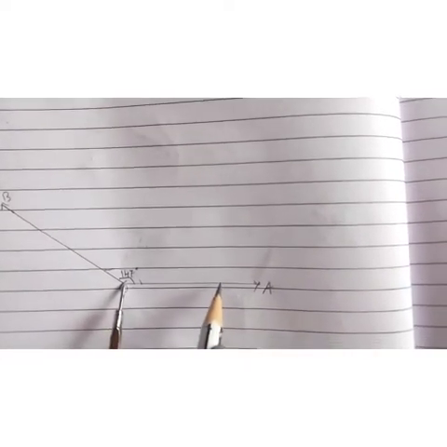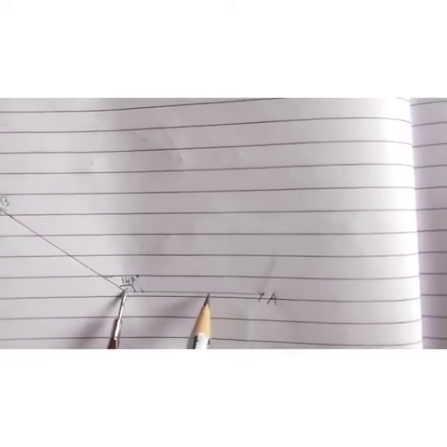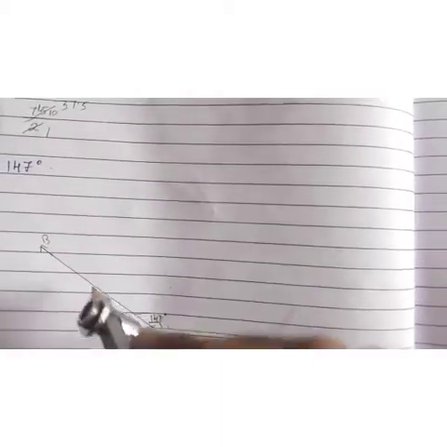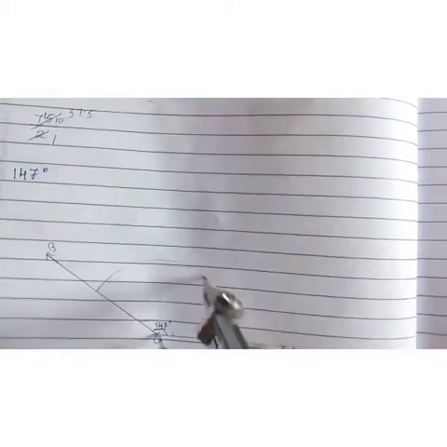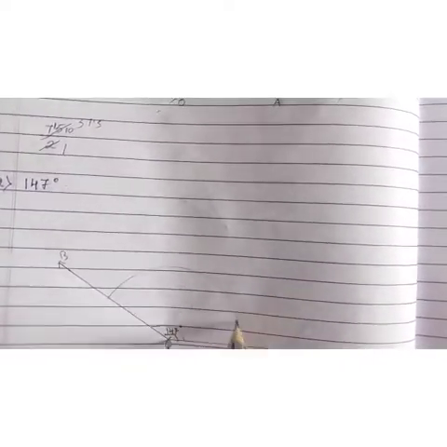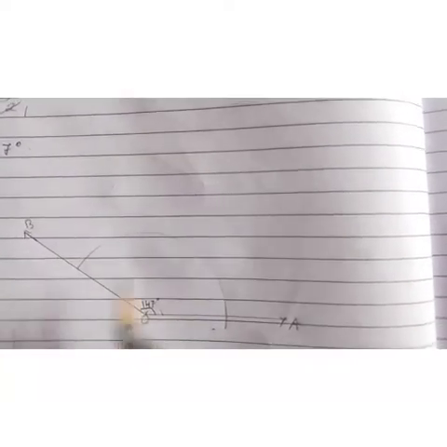Now take O as center and convenient radius. What you have to do? You have to draw an arc joining both the arms of the angle. So try to draw it. I have drawn.